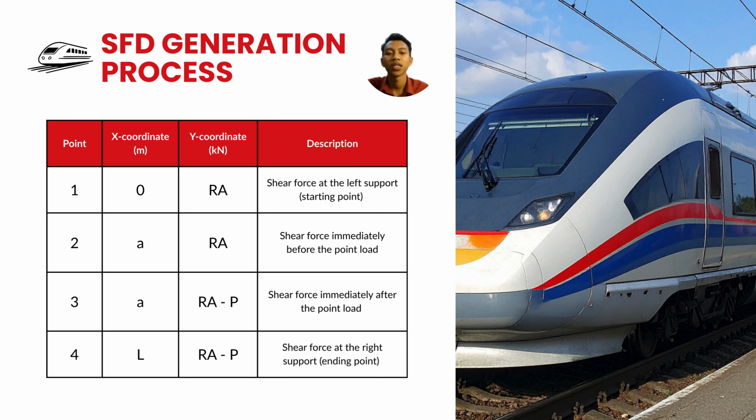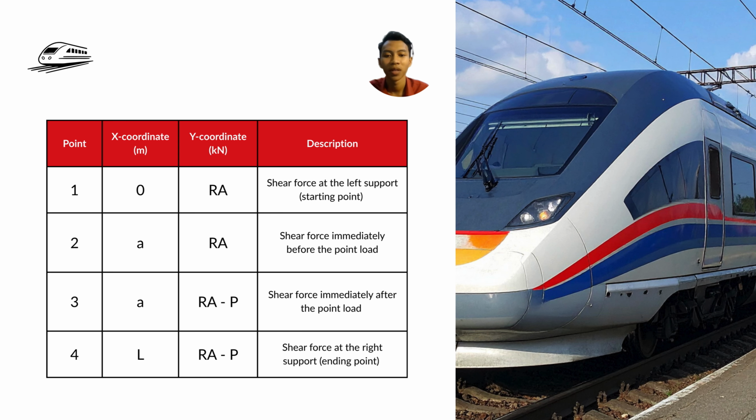And the last point, the fourth point, the x coordinate is L. L is the beam span. The y coordinate is RA minus P. So this is the ending of the beam.